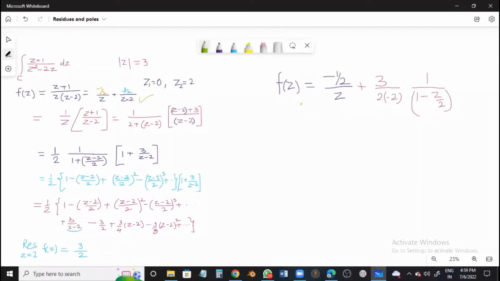For that, I want the terms strictly in terms of z. And for that, I'm trying to bring it in the format of 1 minus alpha. With the help of A and B, we have just now found the values of A and B. A was minus half, B was 3 by 2. We have written it this way. I suppose you followed.